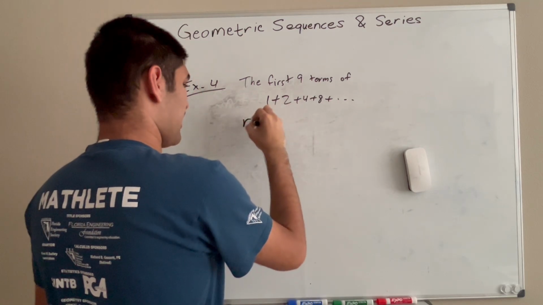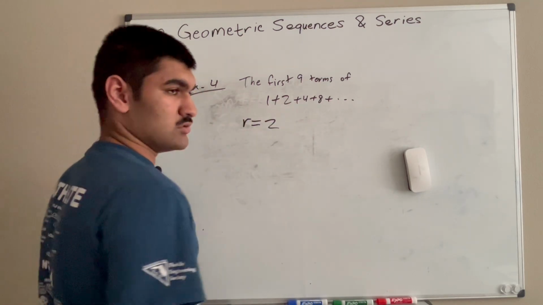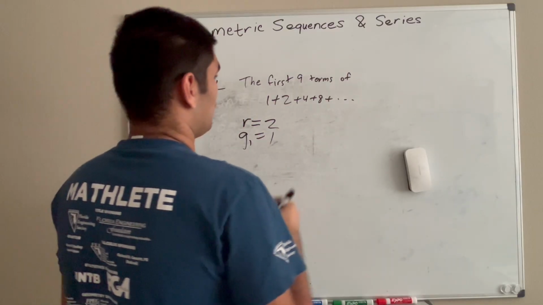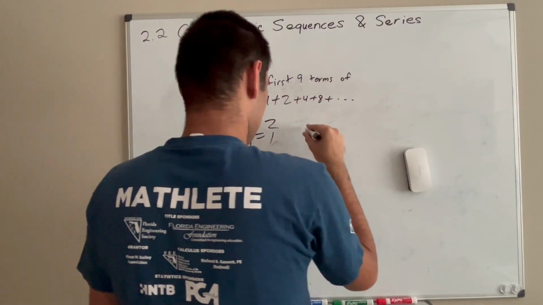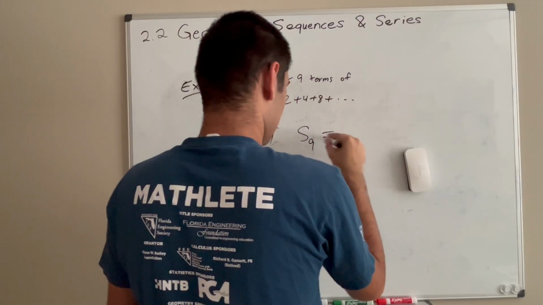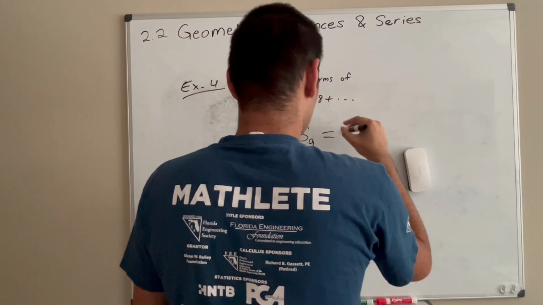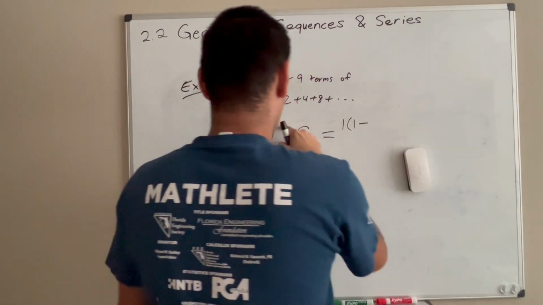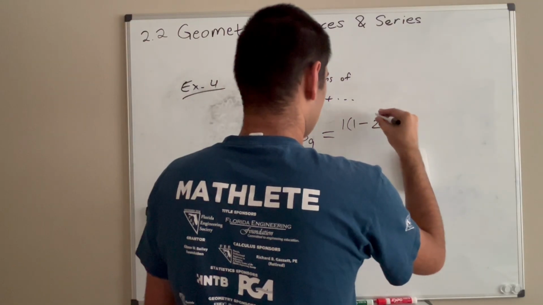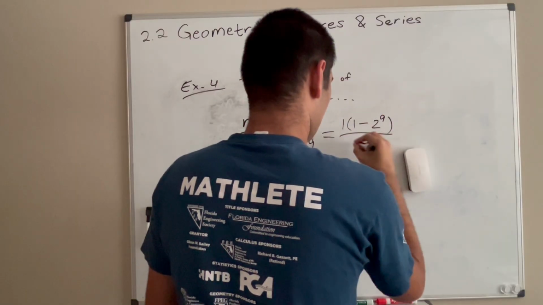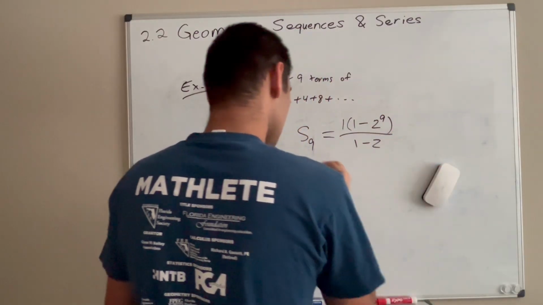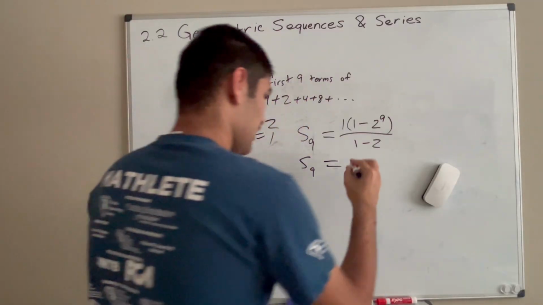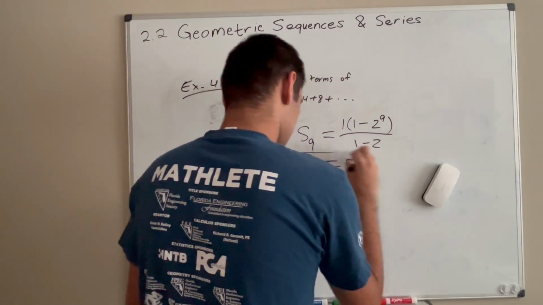Right off the bat, we can see that our common ratio is 2, our first term is 1, and we want the sum of the first 9 terms. So S sub 9 is equal to the first term g1, which is 1, times 1 minus the common ratio 2 to the power of n, which is 9, all over 1 minus r. Put this into your calculator, and you should get 511.